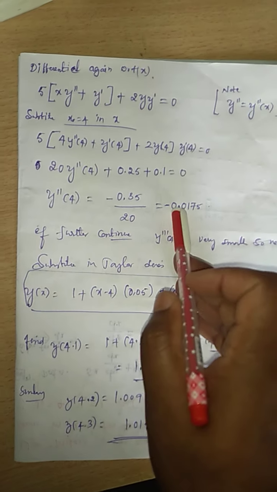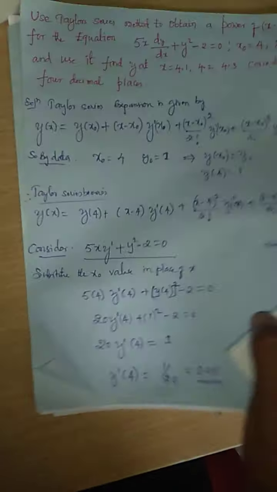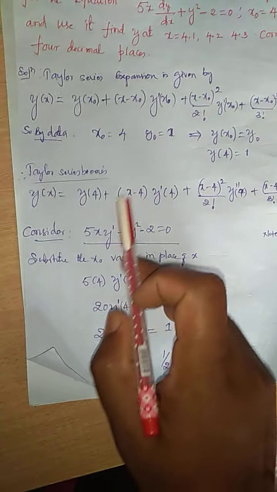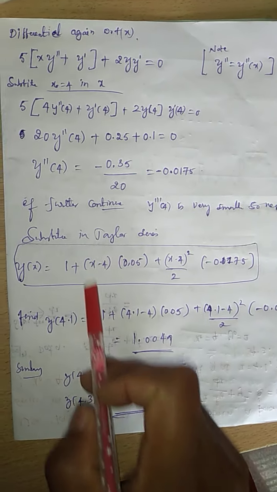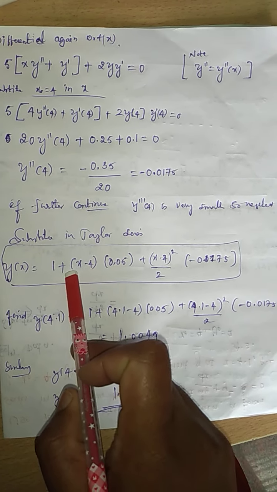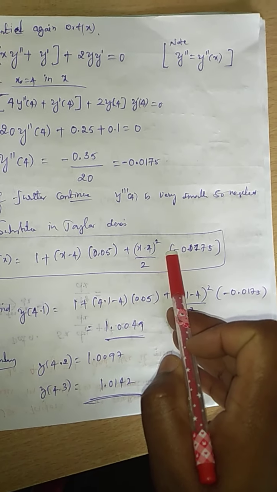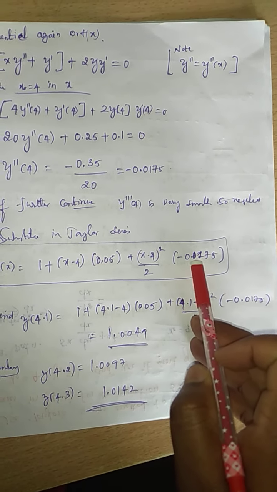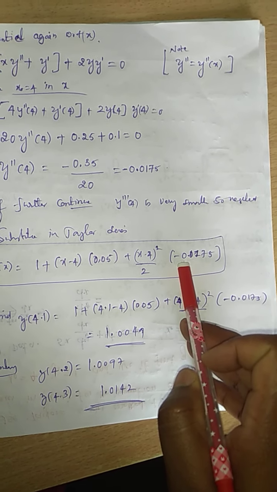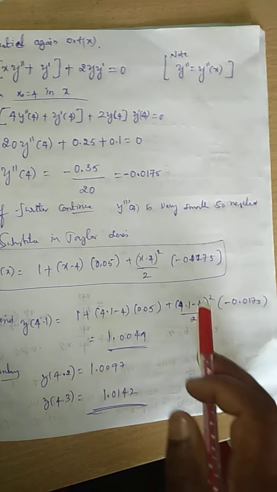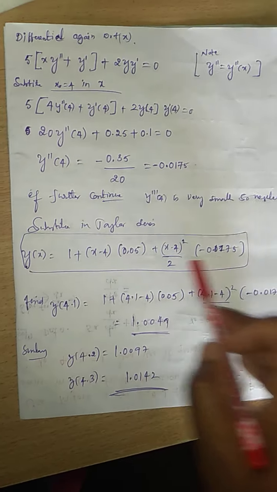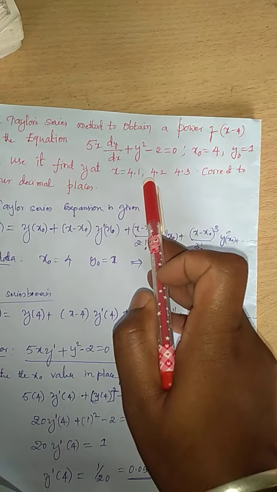Substitute the values of y''(4), y'(4) and y(4) in the Taylor series expansion. It becomes y(x) = 1 + (x − 4)(0.05) + (x − 4)²/2 × (−0.0175). In the question, they mentioned we need to find y at x = 4.1, 4.2, 4.3.